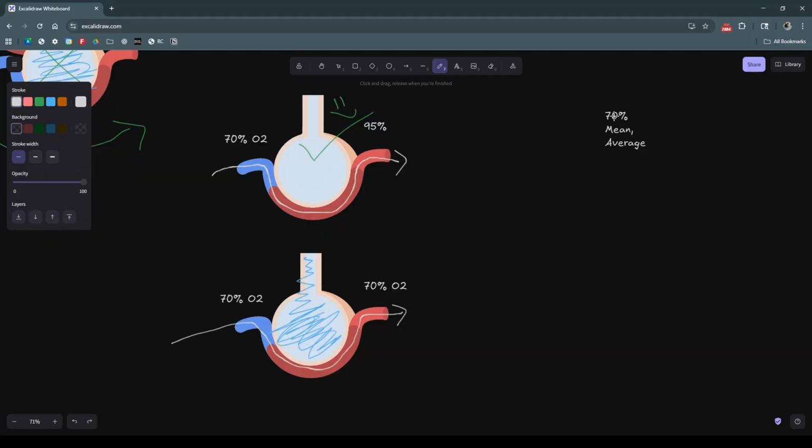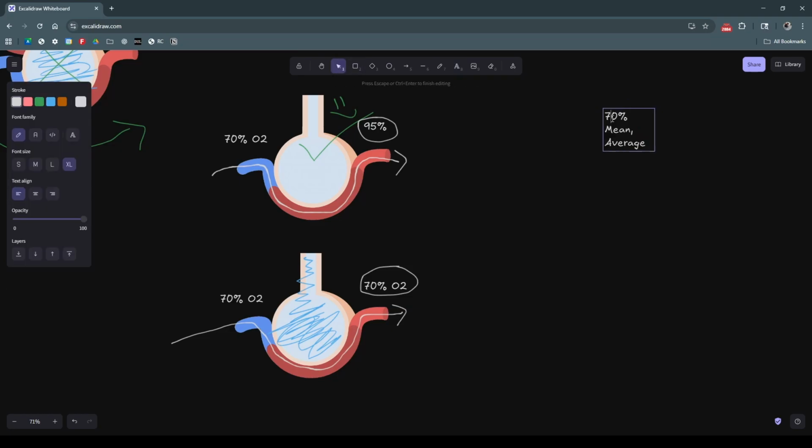And this, I'm calling it 70% here, is the average of these two things. And so as that blood mixes, this probably wouldn't be 70% so much, maybe 80, 82%, right?